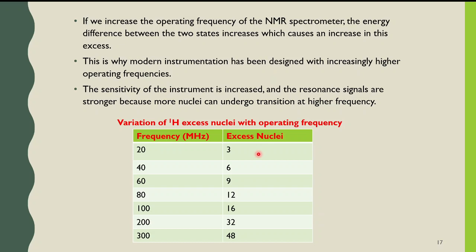When this increases, the sensitivity of the instrument also increases because the resonance signals will be stronger, since you have more nuclei that can undergo transition at higher frequency. And that's why scientists would invest in a really powerful spectrometer like the 1 gigahertz that you see in Japan, because then you will increase the sensitivity.